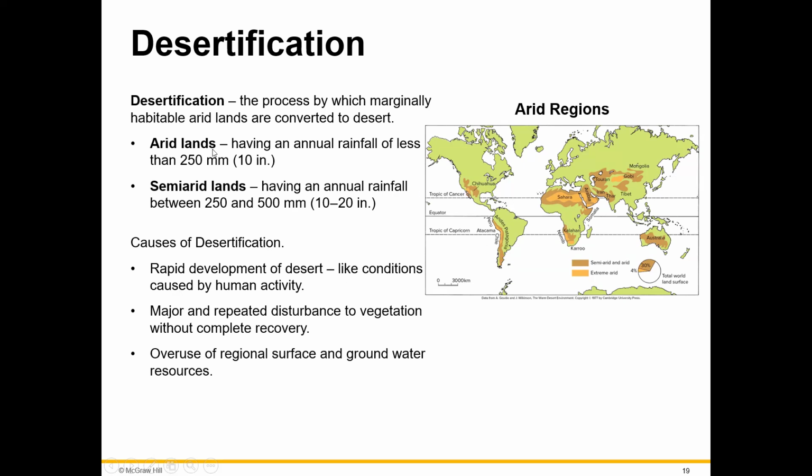So here we have the definition: arid is less than 250 millimeters or 10 inches a year. Semi-arid is 10 to 20 inches a year. Causes of desertification: rapid development, disturbing vegetation, and using up all of our water in the area.